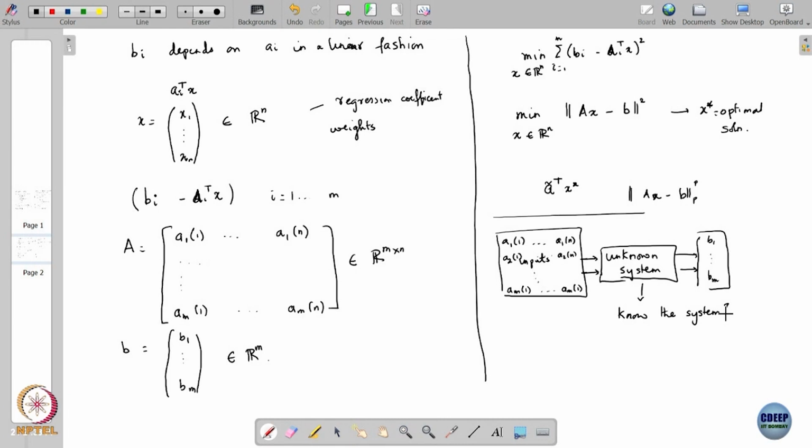Now, it is important, when you go about solving this problem, that the matrix A is full column rank.